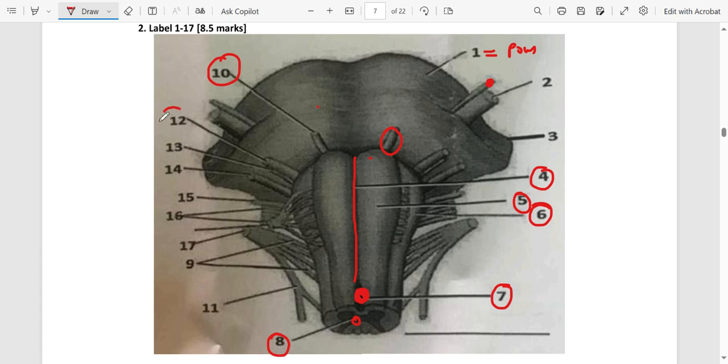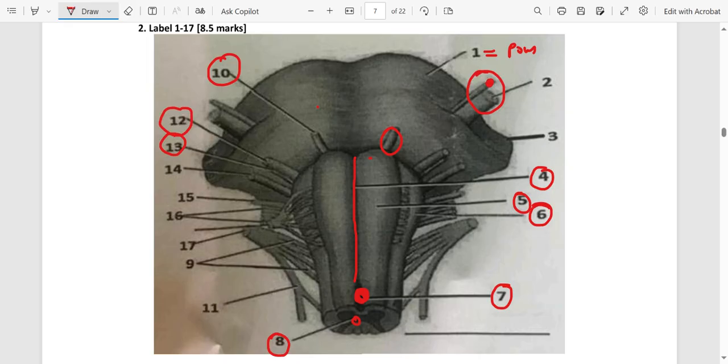And then when you go to 12 and 13, that is cranial nerve number 7. But remember, one is motor, one is sensory. I already mentioned it. So which one do you think is motor? Is it the small one or the big one? Anyone? For the trigeminal, the motor was small.